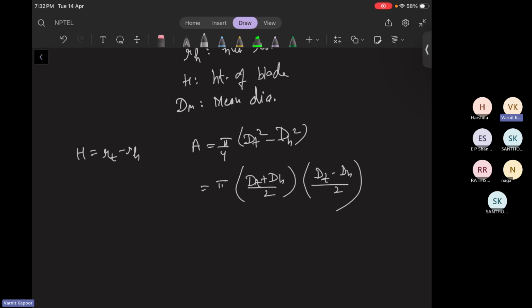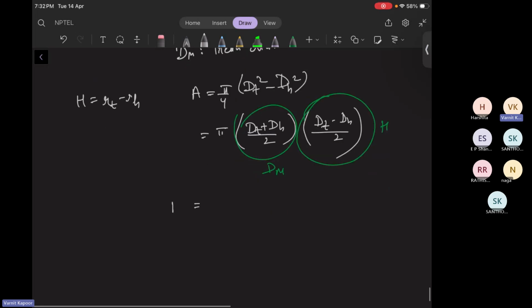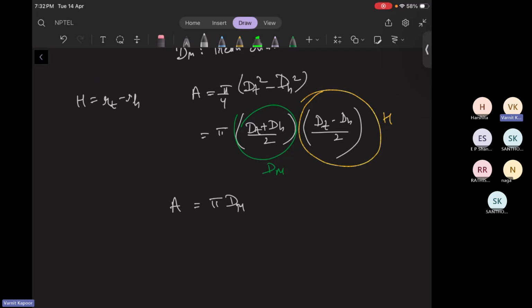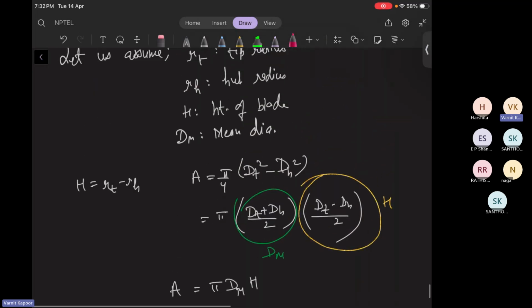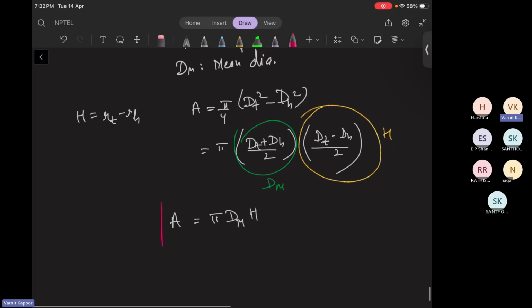Two and two is four. So this is nothing but your dm, and this is nothing but your height, because it's in terms of diameters, not radii. Area is nothing but pi dm times height, pi dm h. This is your final expression of the cross section area at any point.